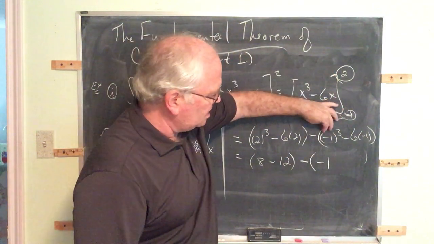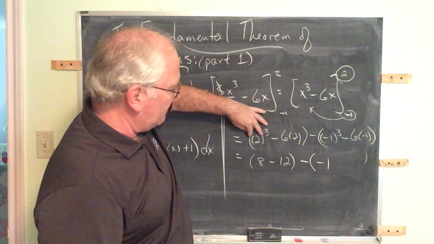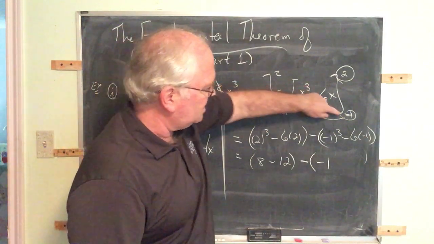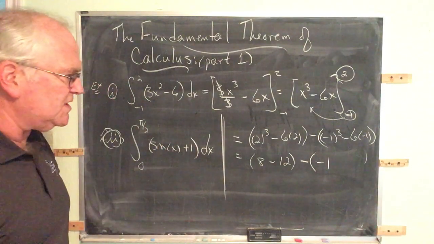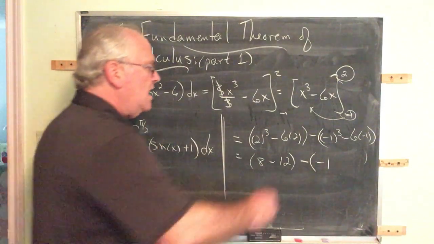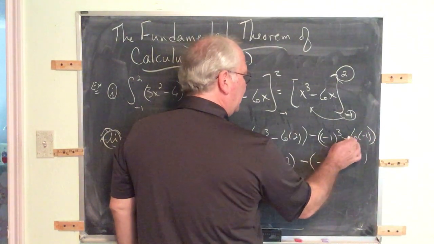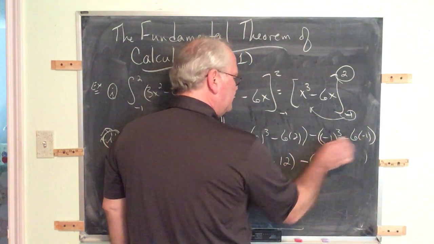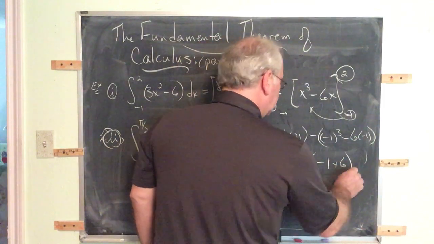I always put each expression in parenthesis, particularly if it's negative. So you notice I put my 2 in parenthesis, my 2 in parenthesis, my -1 in parenthesis. That's just to keep track of all the negative signs that start to fly around here. This is -1 to the third power. This is -6 times -1. I haven't touched this negative yet. -6 times -1 is plus 6.